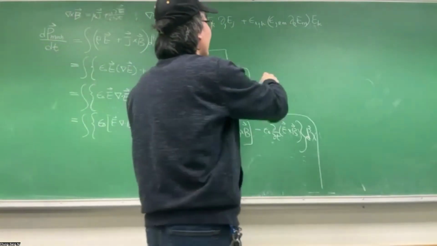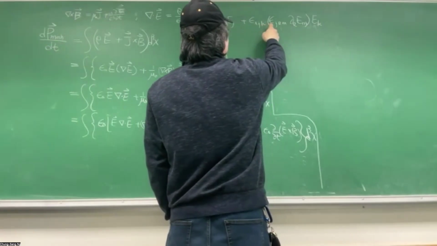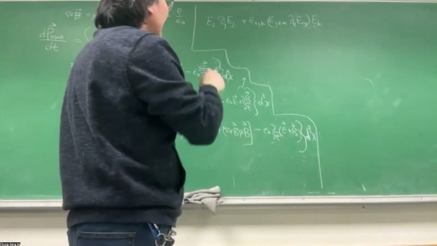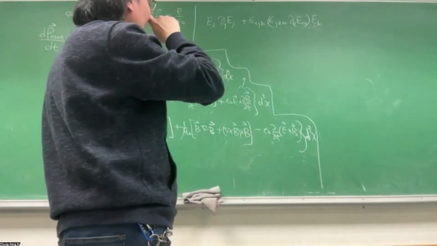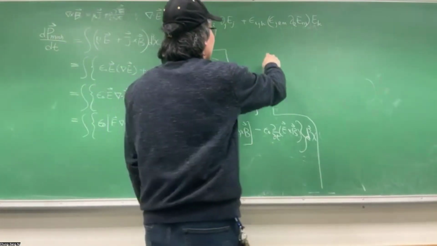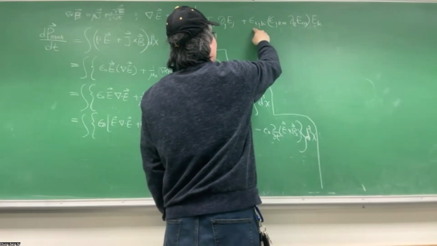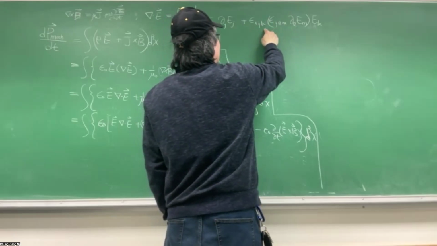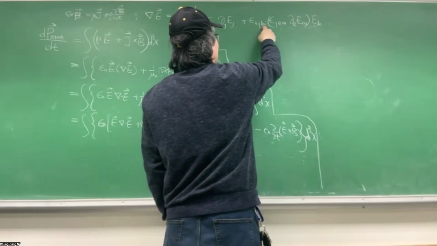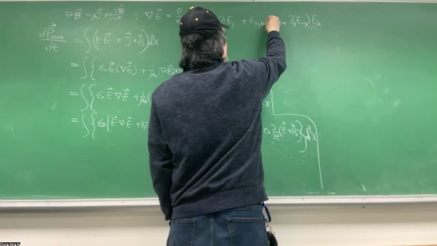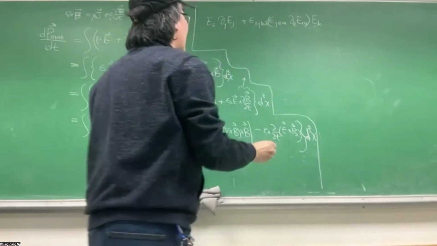I usually like to put the same index on the first index. So if you cycle through epsilon ijk, the sign doesn't change. So ijk you can move to jki, and that won't change it.